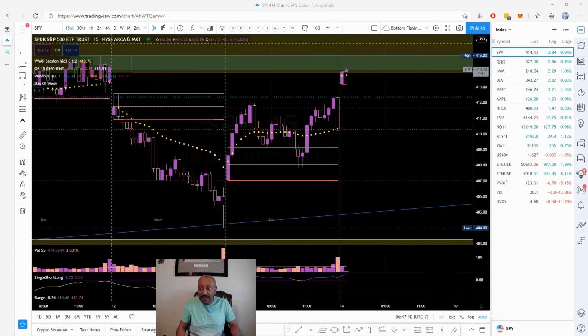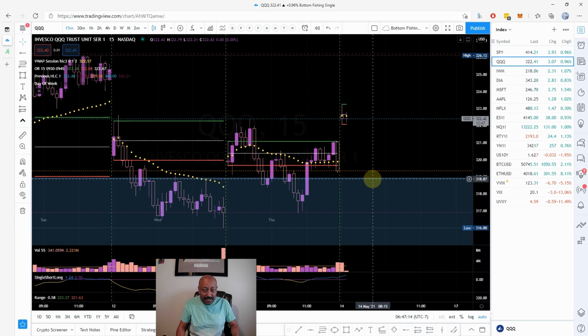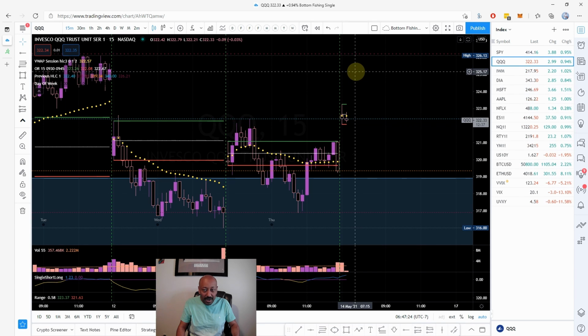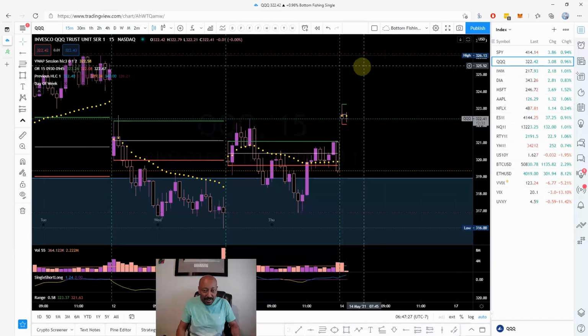So in the Qs, we are playing around yesterday's high. There's no significant headwind from 323 to about 325, 326 area, somewhere around here.